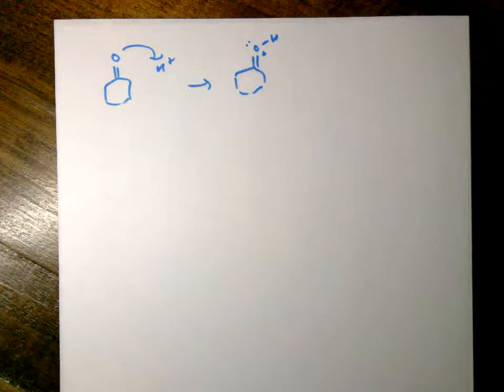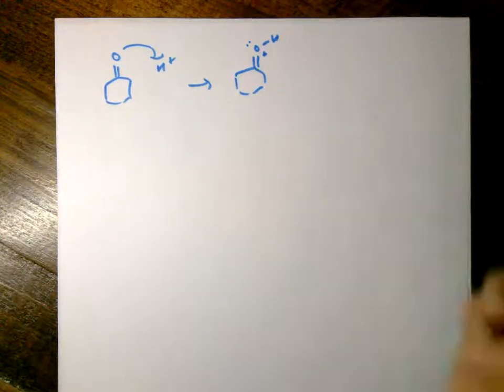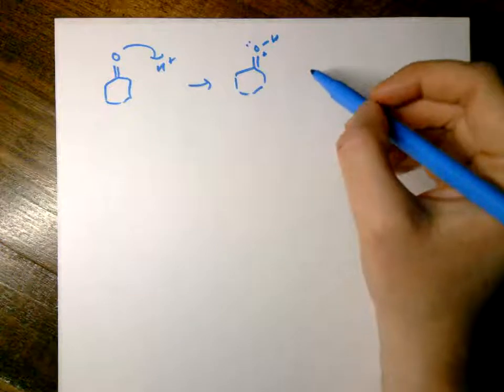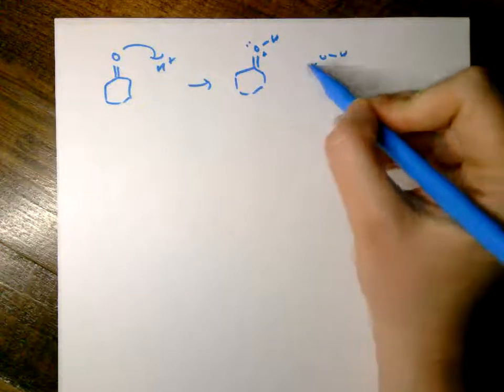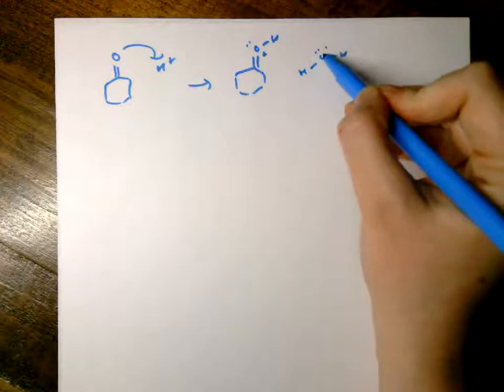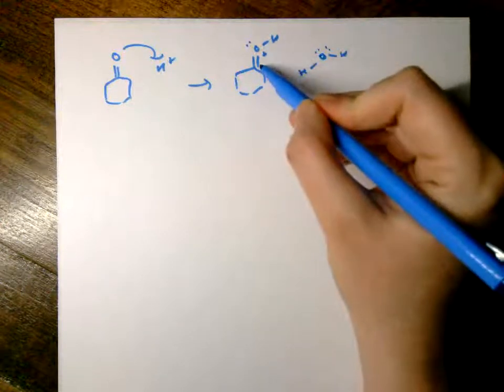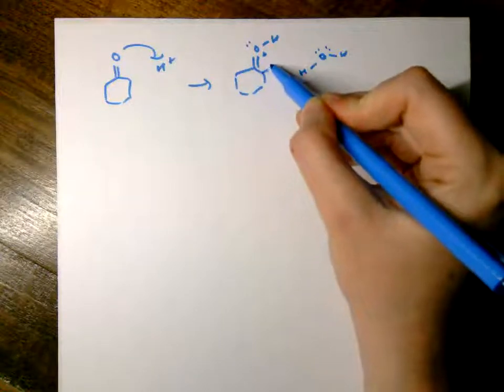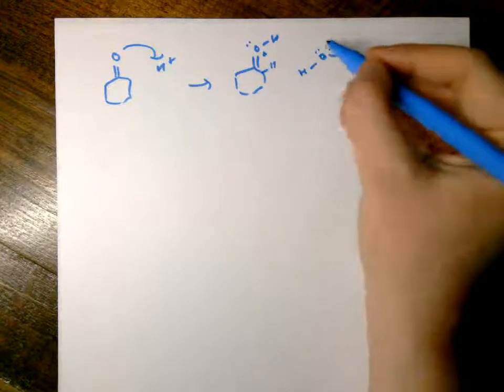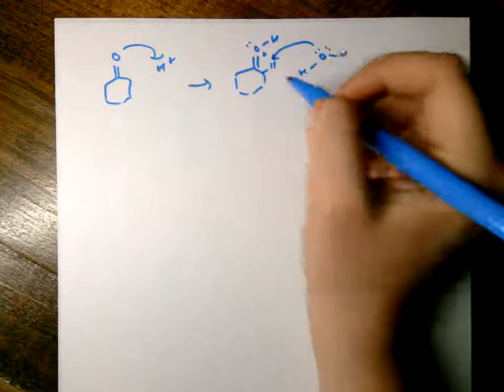Okay, so after we get our protonated situation, the next thing that usually happens when you're going to try to do something at the alpha position is you form an enolate. And in this case, because this is protonated, the electrons are being pulled up away from here, so this hydrogen is going to be even more acidic than normal. So this is going to come in and take this proton.